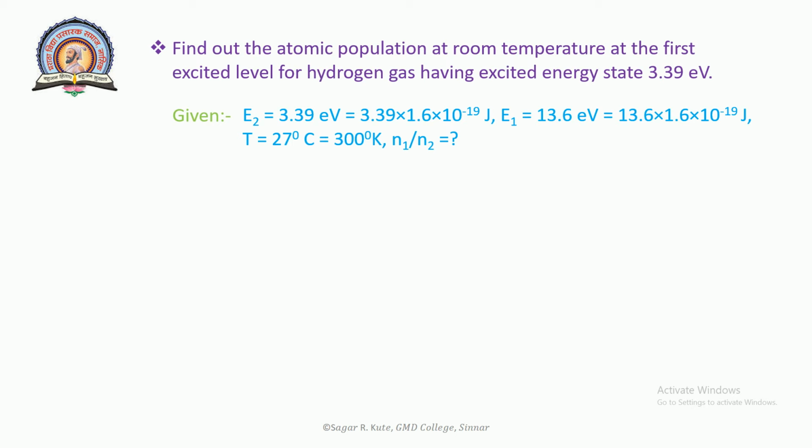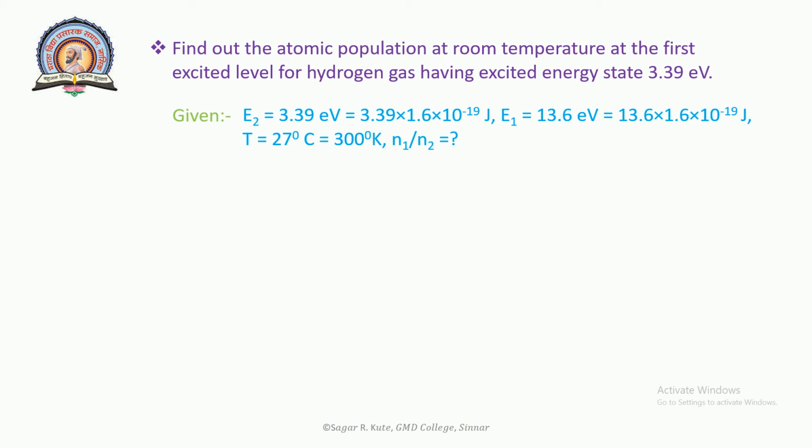E1 is equal to 13.6 electron volt, that is 13.6 into 1.6 into 10 raised to minus 19 joule. Temperature, that is 27 degrees Celsius, is equal to 300 Kelvin.